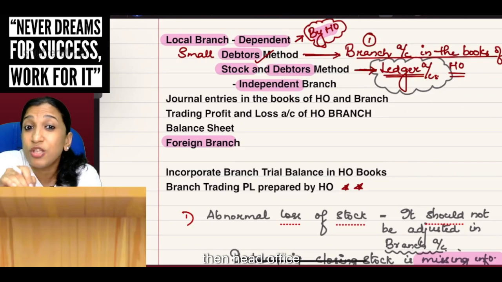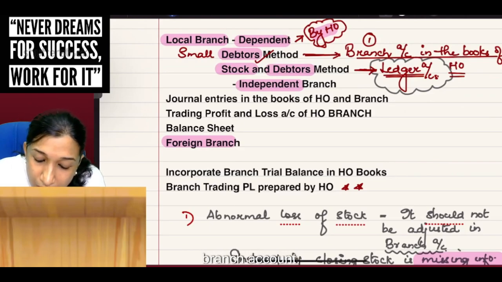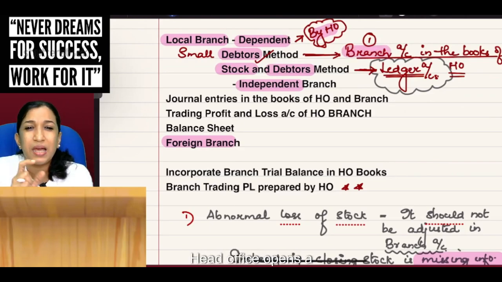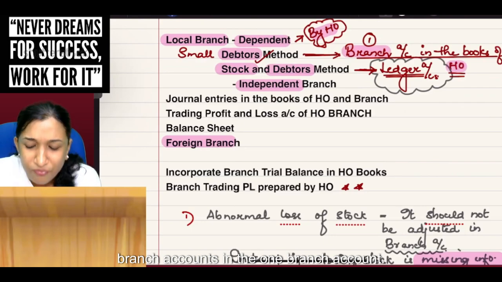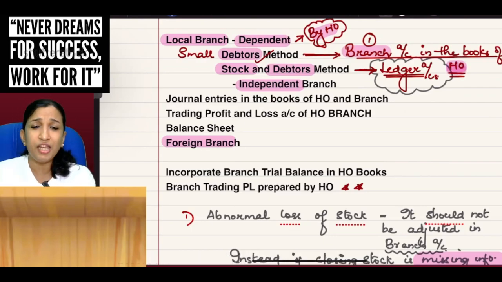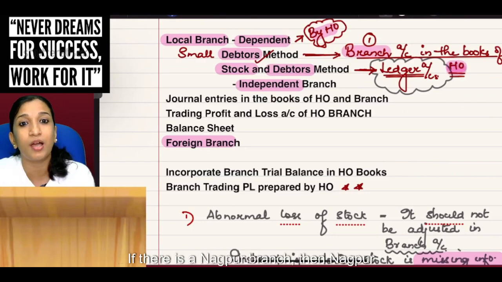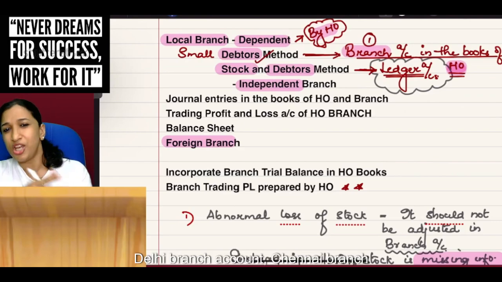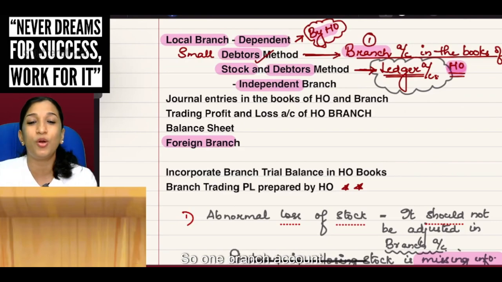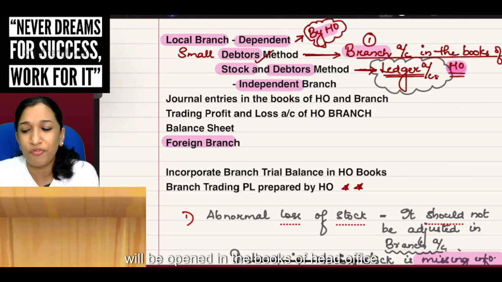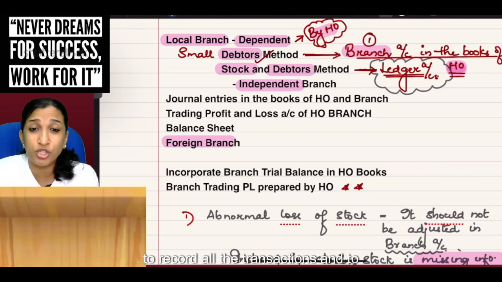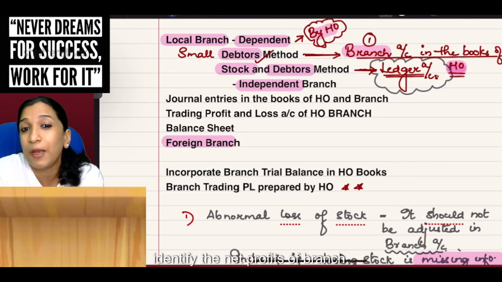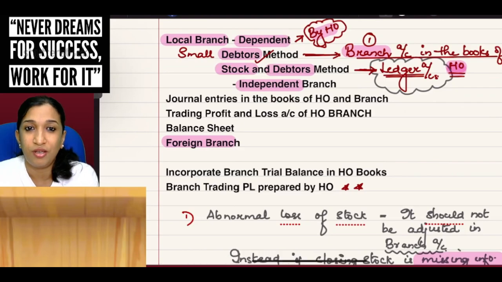Then head office opens one branch account. If there is a Nagpur branch, then a Nagpur branch account, Goa branch account, Delhi branch account, Chennai branch account. So one branch account will be opened in the books of head office to record all the transactions and to identify the net profits of the branch.